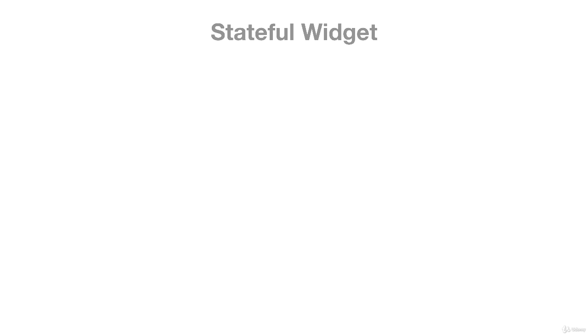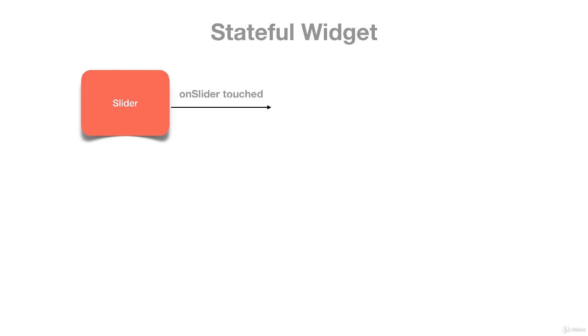The way a stateful widget works is very simple. Take the example of a slider, for instance. When we slide left or right on the slider touch, that would be the state or the event. What happens is internally there is this setState method or function that is called. What this one does, internally, is it allows us to change the values of the slider.